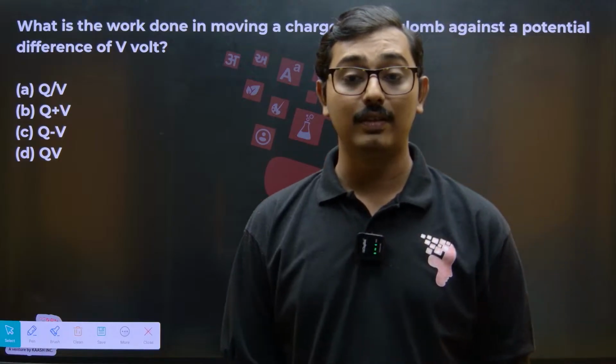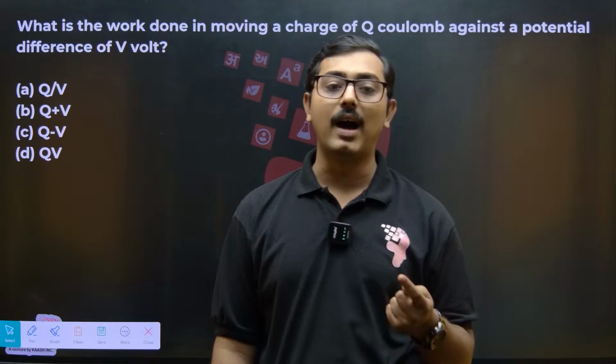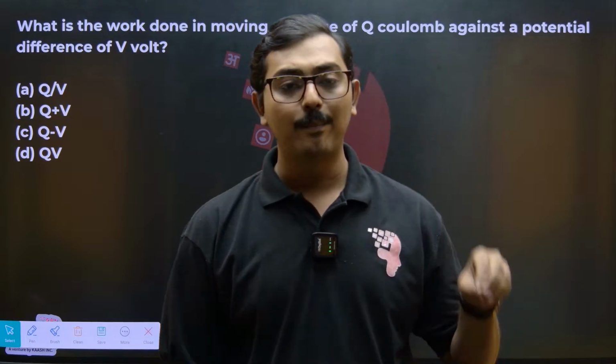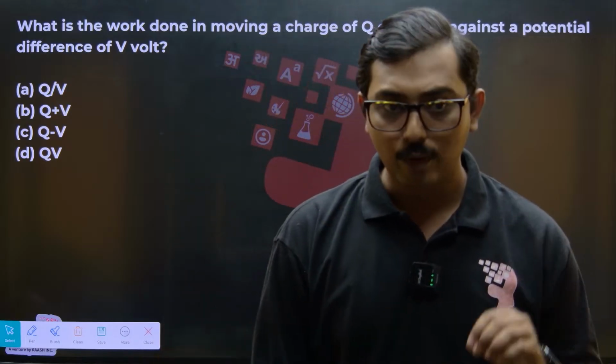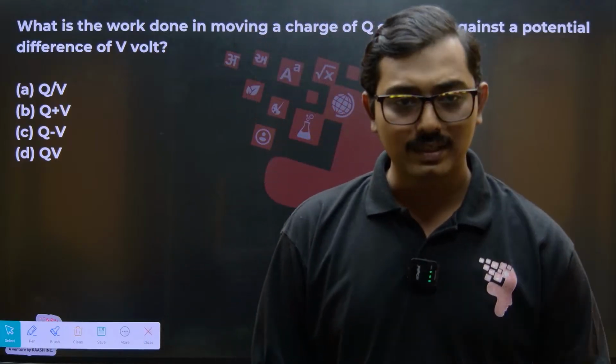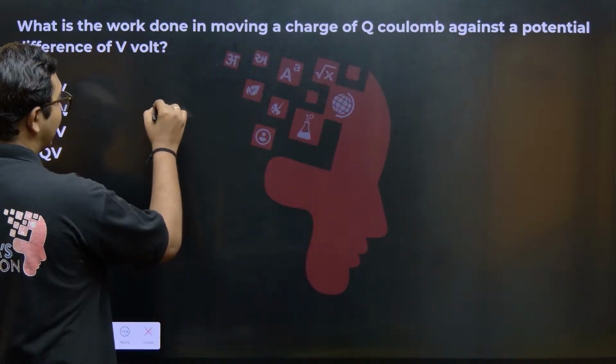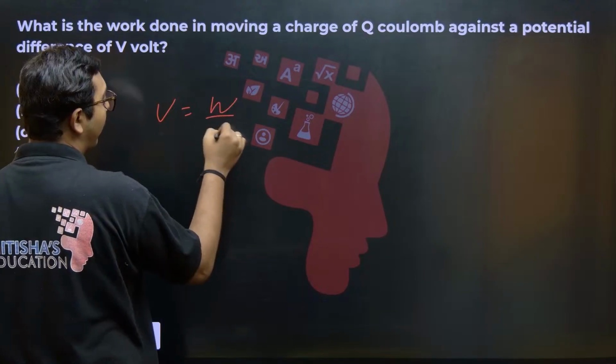What is potential difference? Potential difference is nothing but the work done on a particular charge to travel from one point to another point, from lower potential to higher potential. That is known as potential difference. Hence, we can say that V is equal to W upon Q.